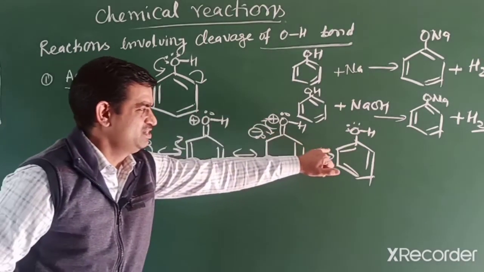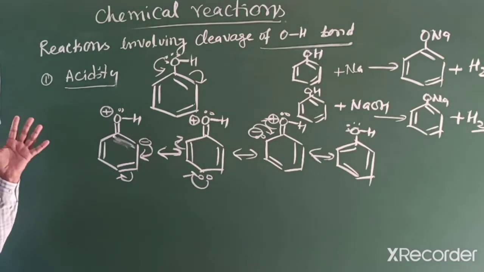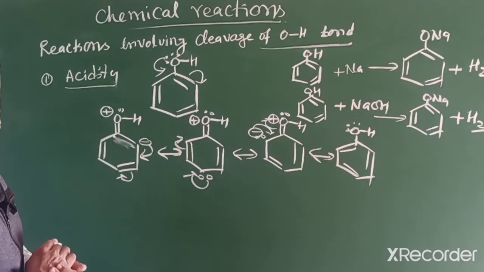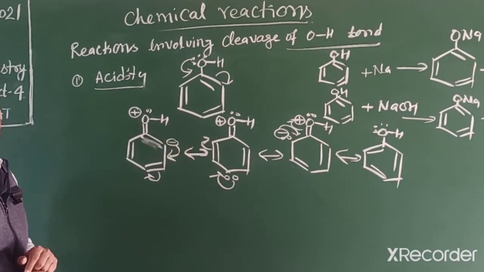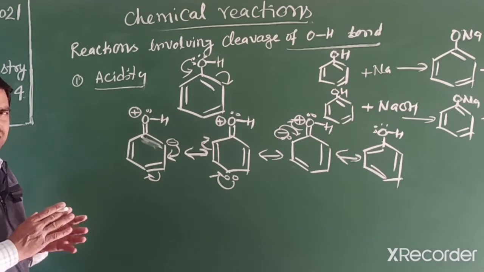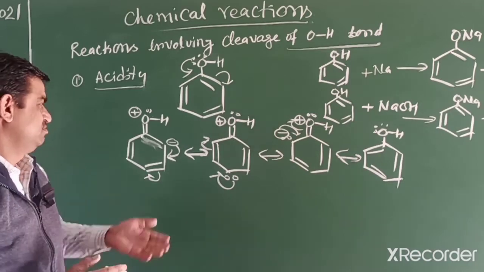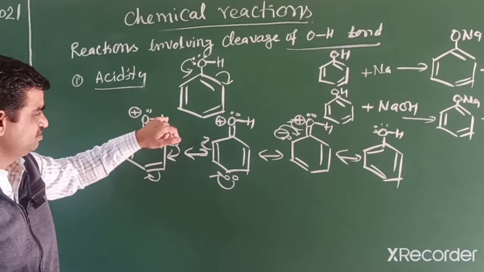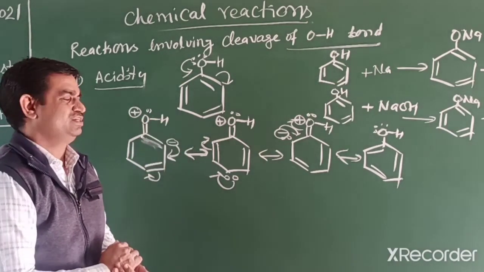So the first and last are more stable, but if there is charge dispersal, then the more the dispersal of charge, the more stable the resonance. In this structure, if you observe, there is positive charge on the oxygen atom and negative charge on the carbon atom, whereas the negative charge should be on the high electronegativity element. So they are slightly less contributing resonating structures.